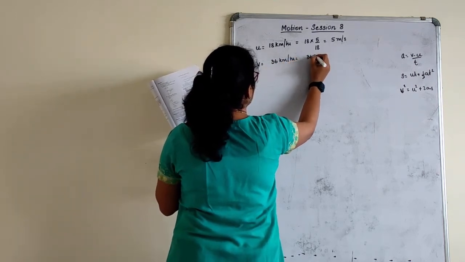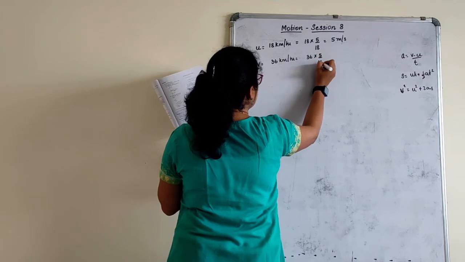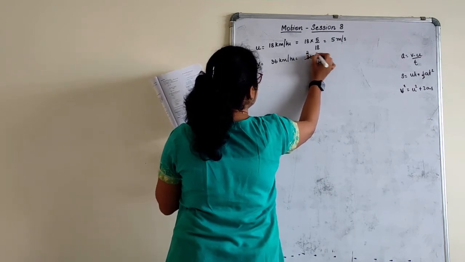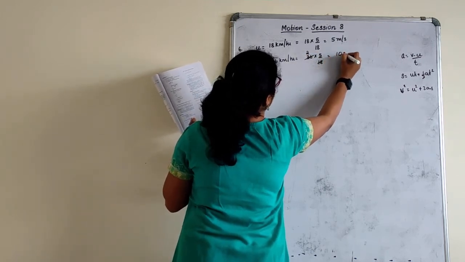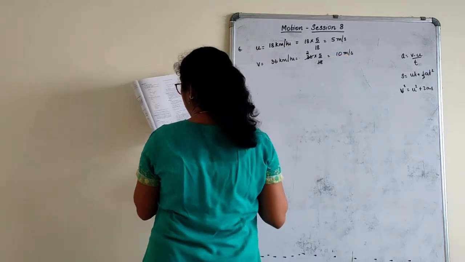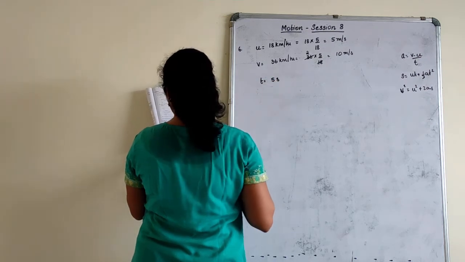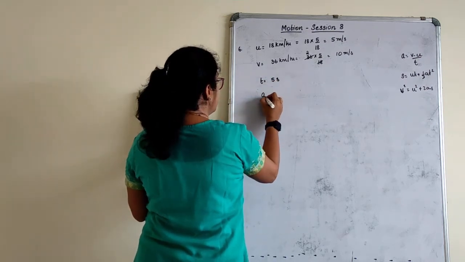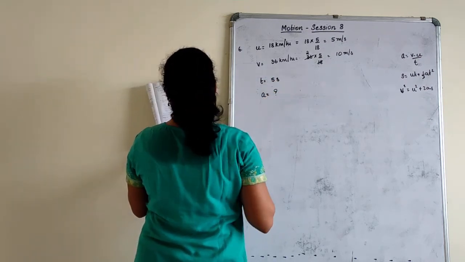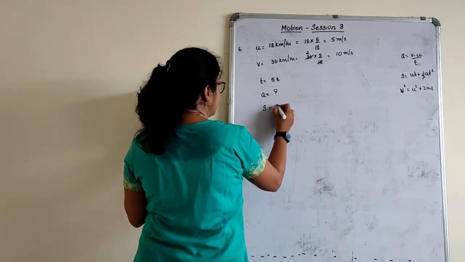So this is 36 into 5 by 18, that is 10 meters per second, in 5 seconds, time is equal to 5 seconds. Calculate the acceleration, A is equal to question mark, and the distance covered by the car.